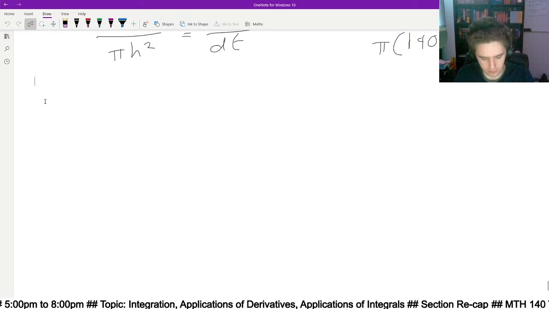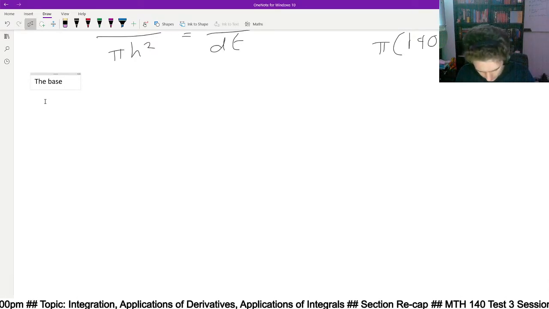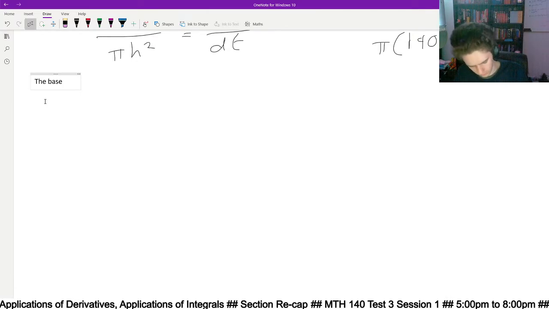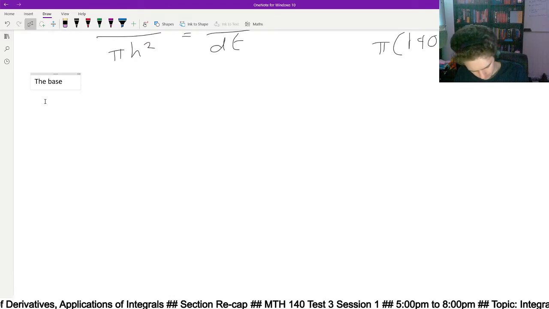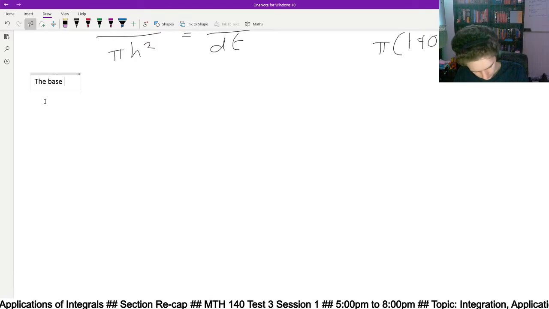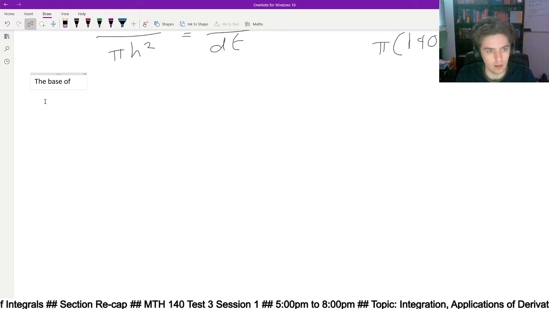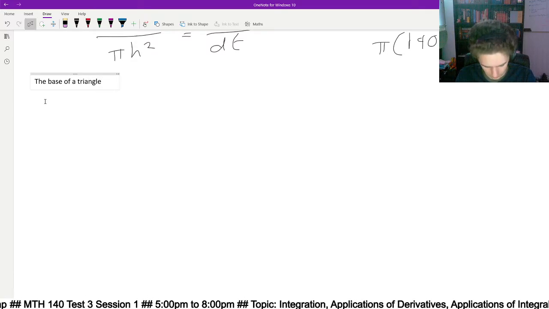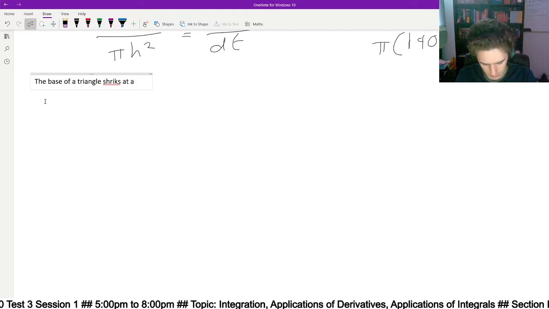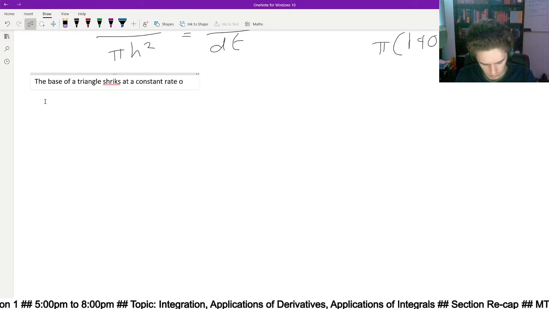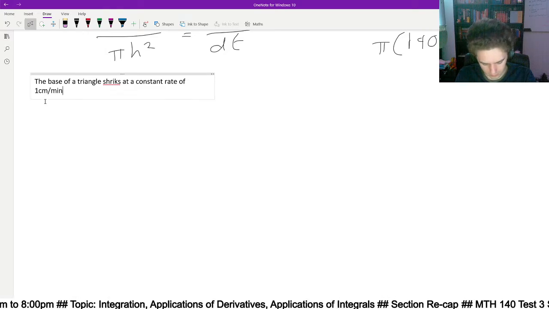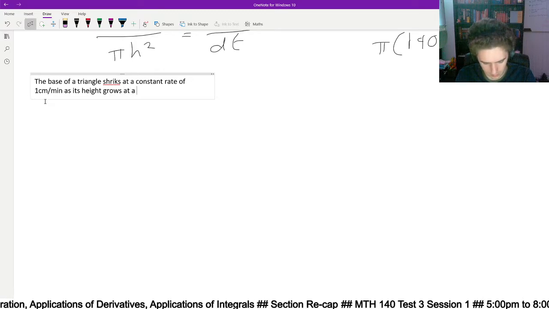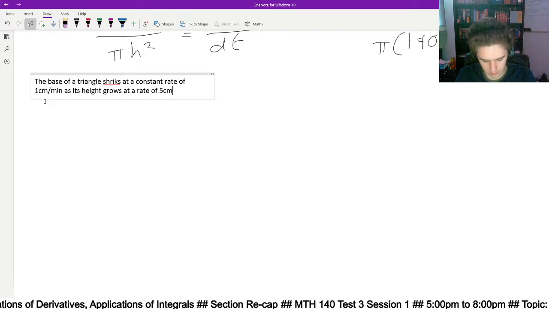The base of a triangle, or wait, hold on. I think I saw one that looked harder. Hold on. No, this should work. So the base of a triangle shrinks at a constant rate of 1 centimeter per minute as its height grows at a rate of 5 centimeters per minute.